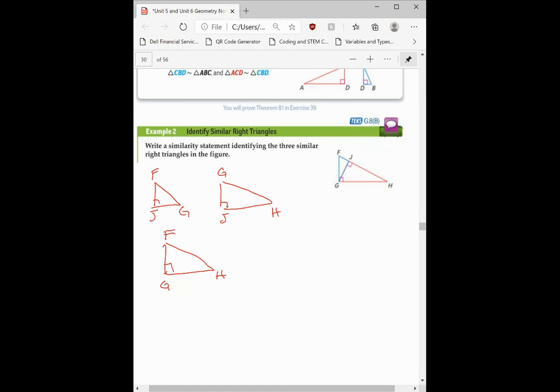So these are all the similar triangles that were in that diagram. So then by theorem 8.1, the one that we just talked about, all these triangles are similar. So triangle FJG is similar to triangle GJH is similar to triangle FGH.